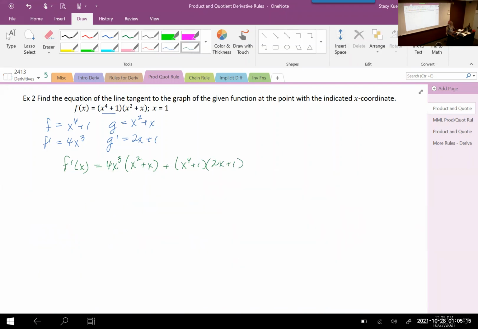And now we need to simplify that. Four x to the 5th plus 4x to the 4th, and then multiply that binomial out. We'll see if we can all get the same answer.